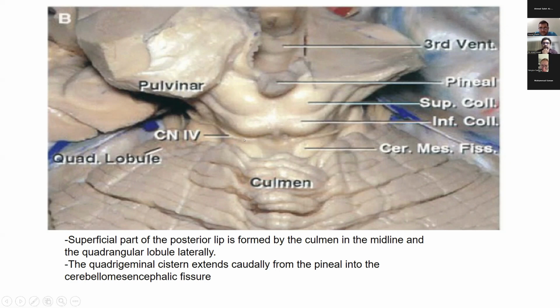Its posterior lip is bordered by the quadrangular lobule laterally and medially by the culmen. Just rostral or anterior to it is the quadrigeminal cistern that extends from the pineal area down to the cerebellomesencephalic fissure.